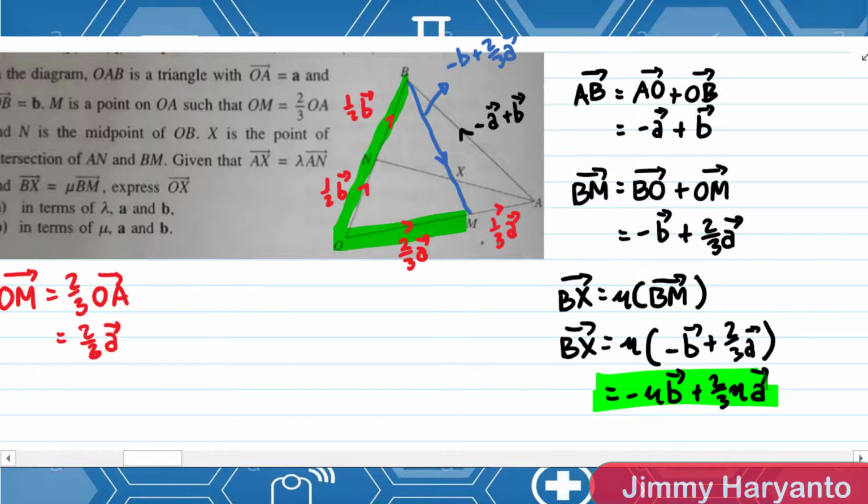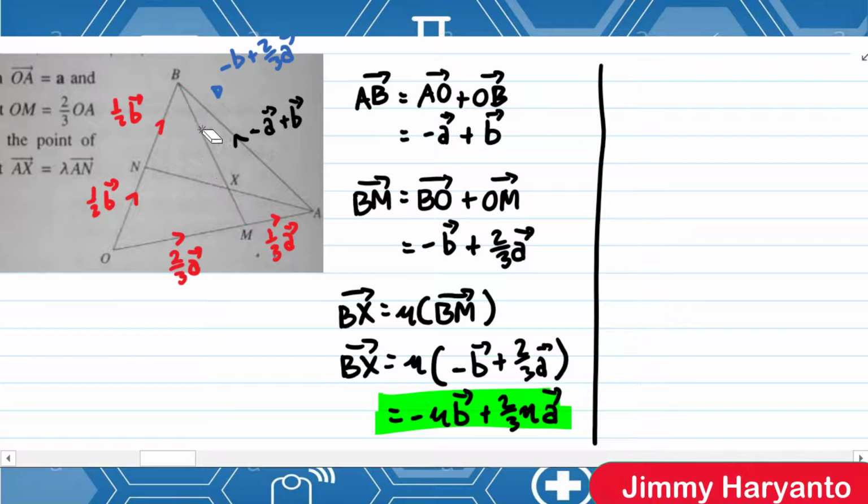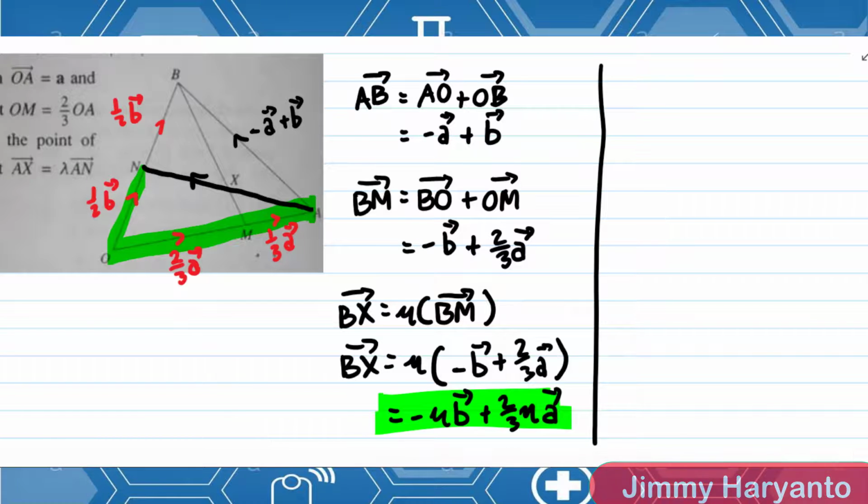And then after that, AX. We have to find AX, but before that, I want to find AN first. AN is this way. So you have to move from A to N like that. So AN will be AO plus ON.